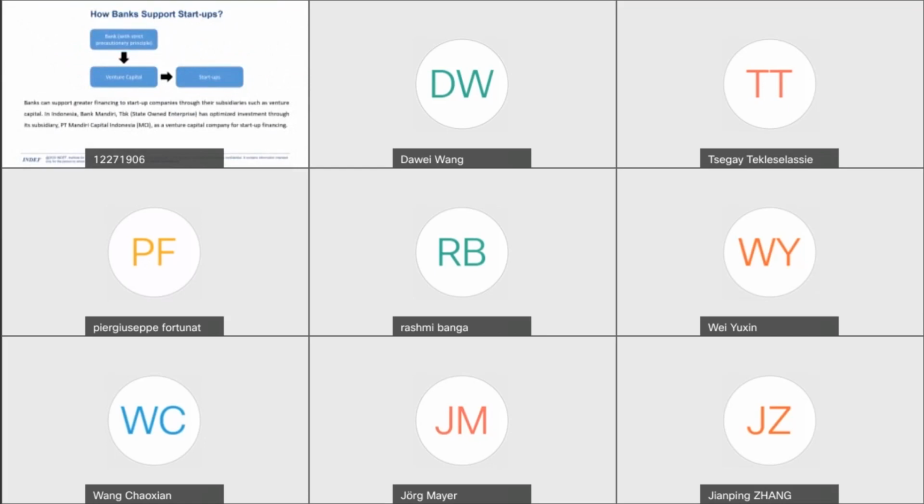For example, from the banking sector, we have the biggest banking sector. For instance, Bank Mandiri, one of the SOEs in Indonesia. They have a subsidiary company, and in fact they give a big investment through PT Mandiri Capital Indonesia as a venture capital company for startup financing.